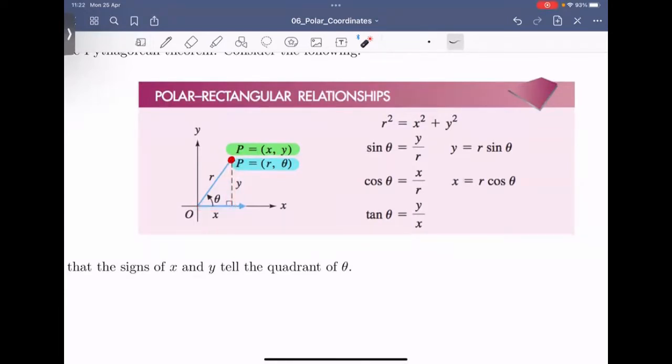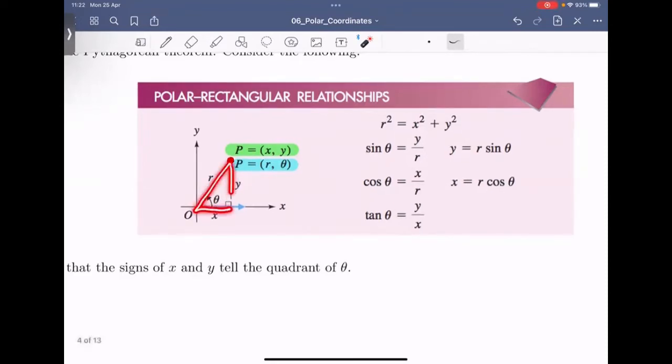In polar coordinates, you measure the radius r, and then you do the angle here, theta. Basically, you already form the right triangle. By the Pythagorean theorem, the one you are familiar with, r squared is going to be x squared plus y squared. You can always use this one: r squared equals x squared plus y squared, because this is a relationship between x, y, and r.